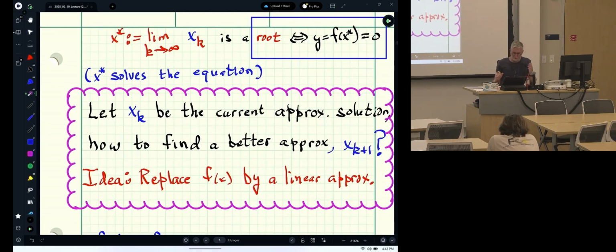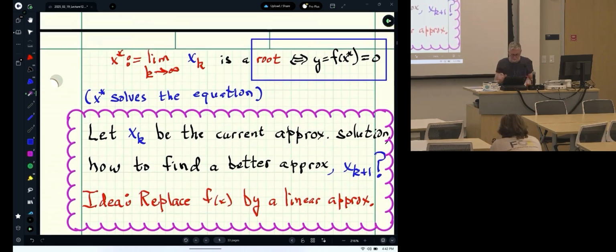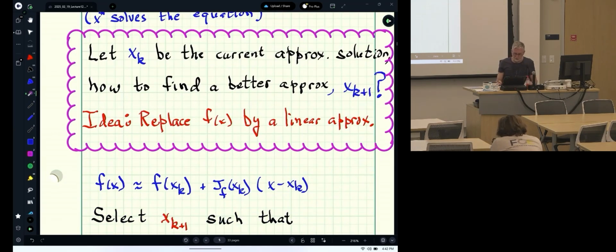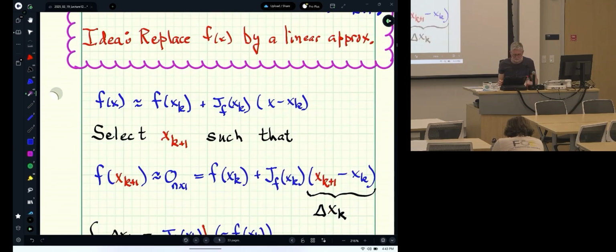So the question we want to confront is, if we have a current guess, how do we find the next guess that gets us closer to being a root? And the fundamental idea that we're going to exploit is that we replace the function by its linear approximation.